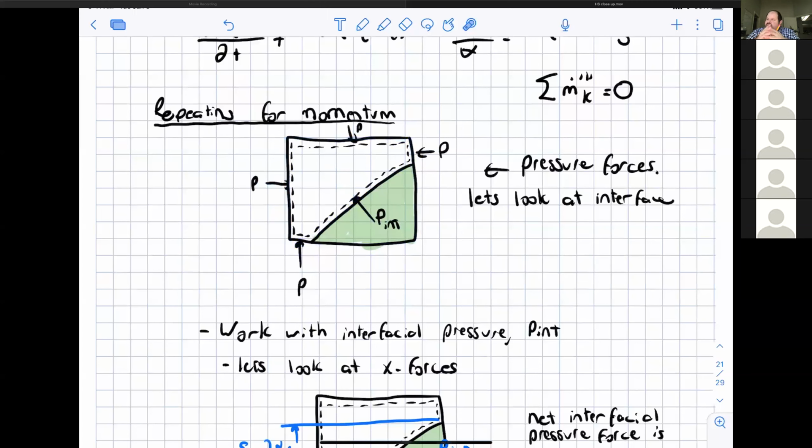So when you sum the pressure forces, you have, again, the pressure on the bottom, the pressure on the side, the pressure on the top, and the pressure on the right. But you also have this extra pressure that is pushing on the gas liquid interface.